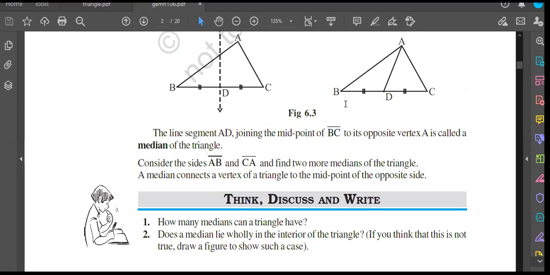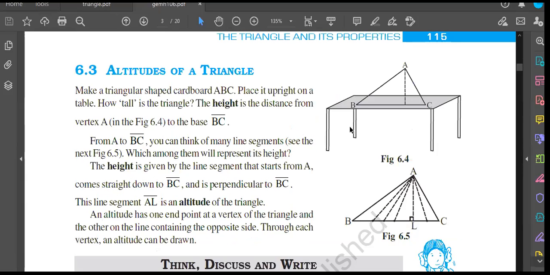Does a median lie wholly in the interior of the triangle? Meaning, is there any case in which a median can be outside the triangle? No, because it is dividing the side into equal parts, so it should remain inside the triangle. Very good, everyone.